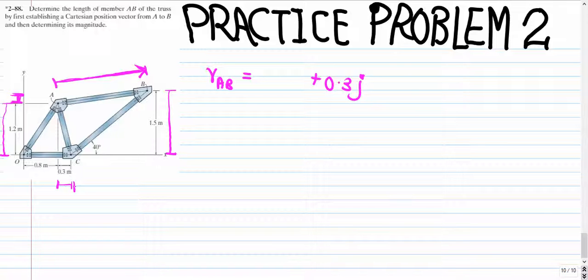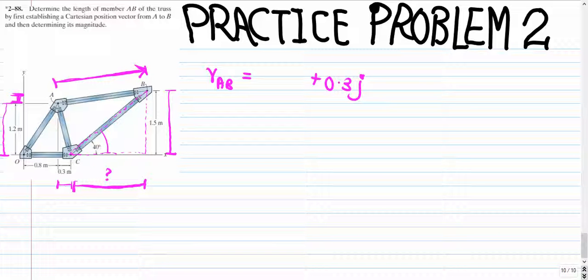But we still need the length from this point to the point B. So to find this length, we can use this right angle triangle right here. So let's find this length.